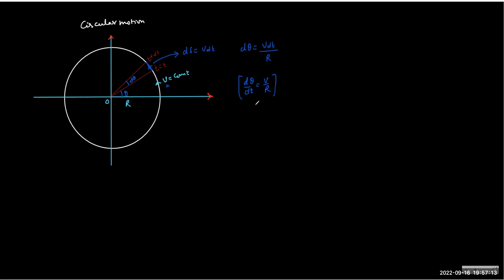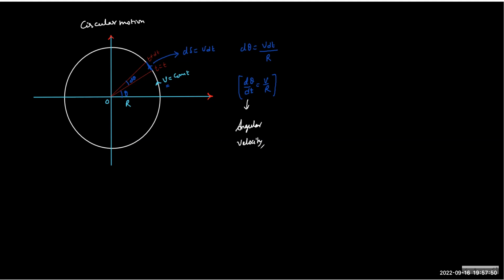Now in physics, by definition, we have given a name to this quantity because we are writing it again and again. So why not assign a symbol to it, which is convenient to write. The rate of change of angular displacement is called angular velocity. This is a name given to it, and it is just a matter of convenience, just like dx by dt we call velocity.